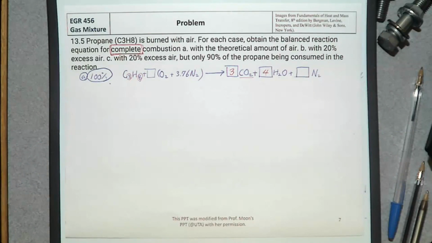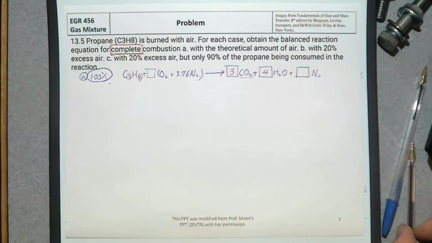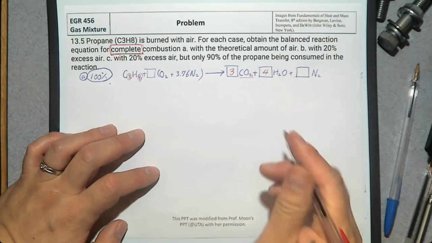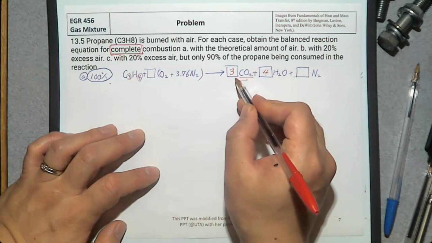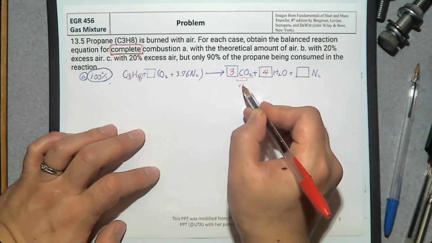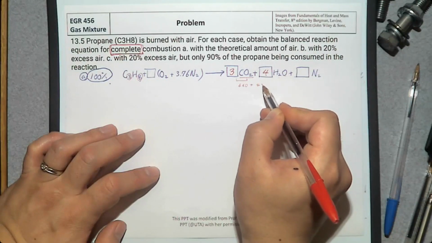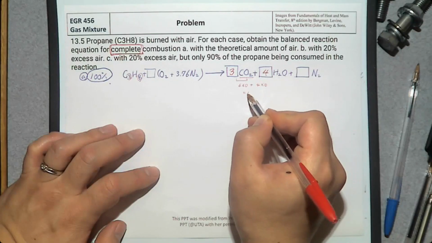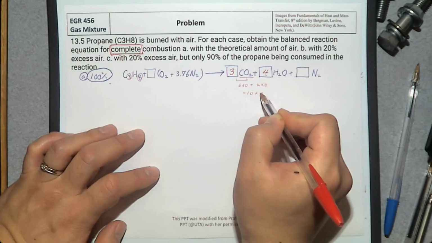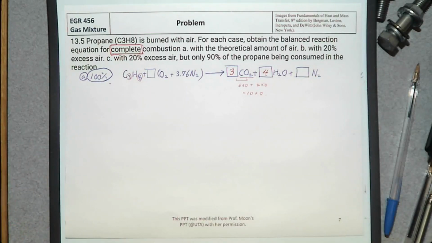Then how many oxygens are required for this combustion process? So we have 3 times 2, 6 oxygens here. 4 times 1, 4 oxygens. So altogether, we have 10 oxygen atoms. And each molecule of oxygen has 2 oxygen atoms.